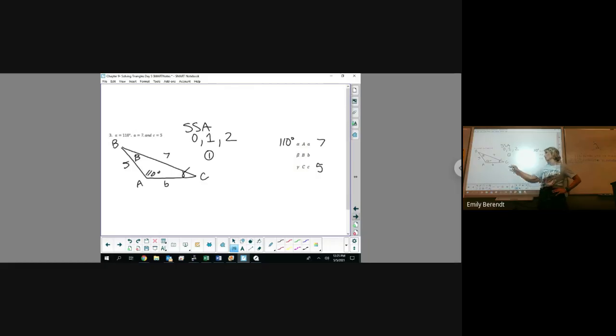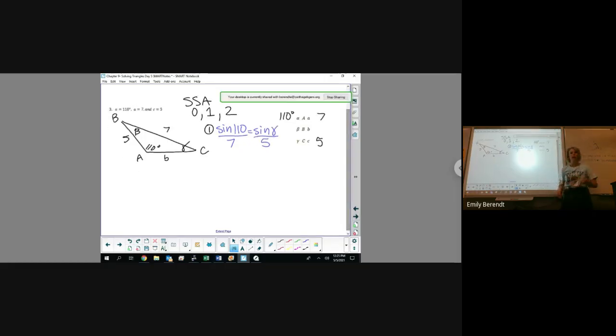So we're going to start off with the first ratio of our proportion as the sine of 110 over 7 equal to the sine of what angle do you have to find? It forces you to find C, gamma, over 5. Go ahead and work on your cross multiplying, dividing, and inversing, and store C to your calculator.